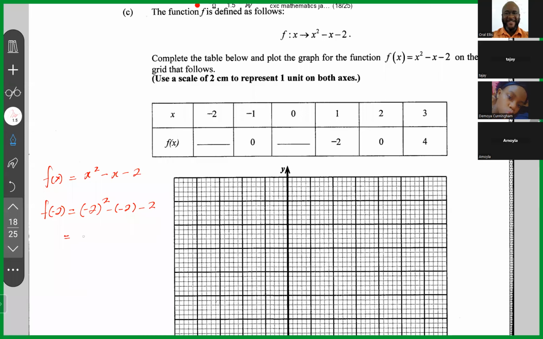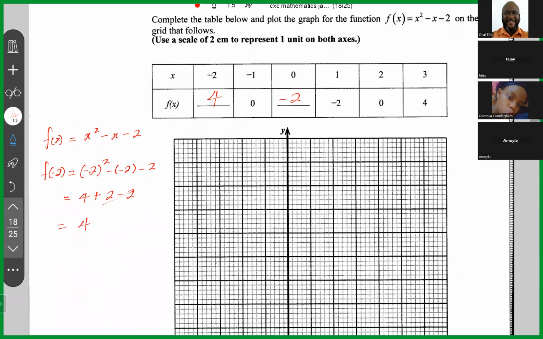Minus 2 squared is 4. And negative times a negative is a positive 2. Minus 2. Now 4 plus 2 minus 2 is 4. So the answer here is just 4. Now that 4 is there, over to the right, I have 4, 0, then minus 2. So coming from the left, it's 4, 0. This should be minus 2, or you could just simply say when x is 0, and you would still get the minus 2.